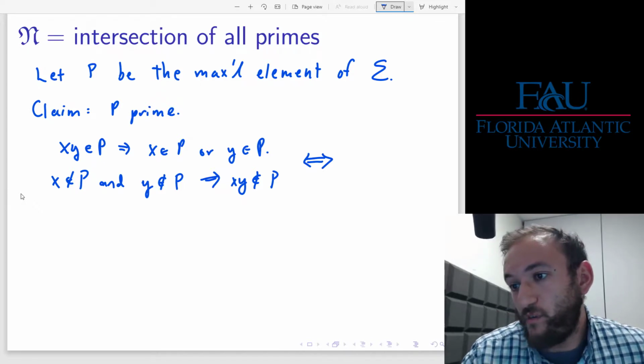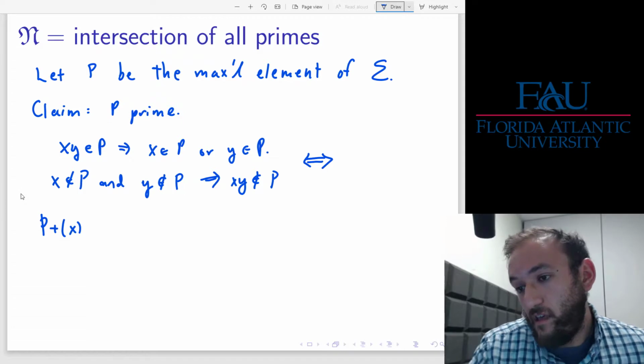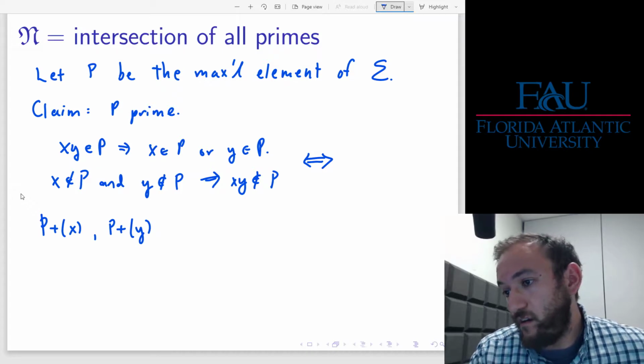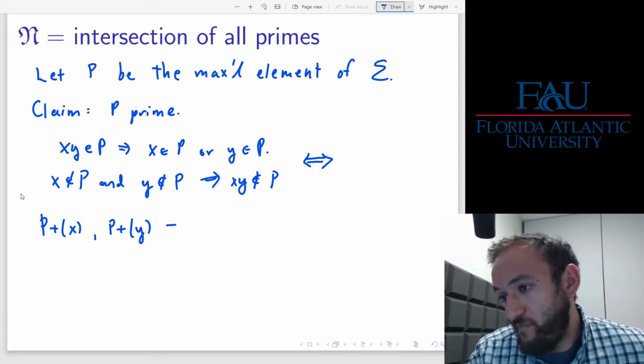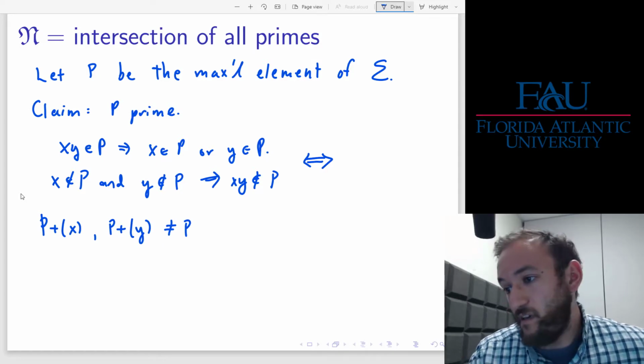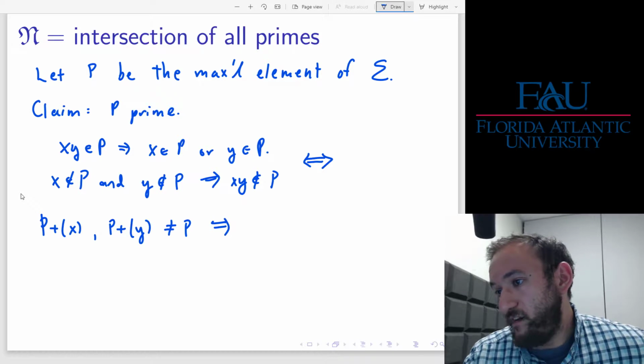So we'll start with the assumption that x and y are not in P, that means that P plus x and P plus y as ideals are not equal to P. And since P is maximal in sigma, that means that they're not in sigma.